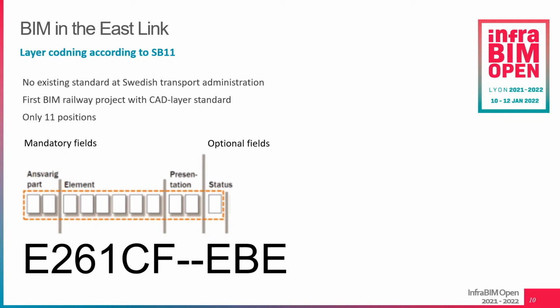In the picture, these fields are mandatory and this last field is optional. The first two characters, which you see right here, describe the responsible designer, in this case E2, and this is in the SB11 language, overhead line designer.